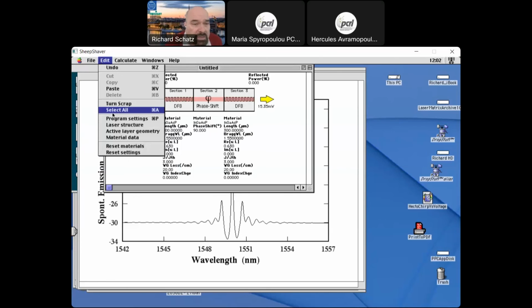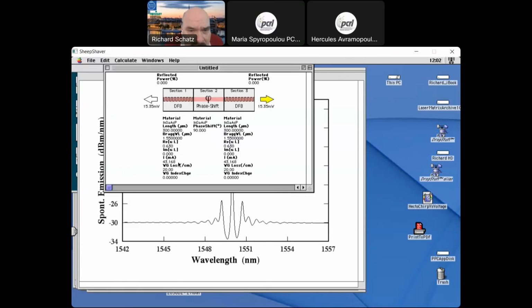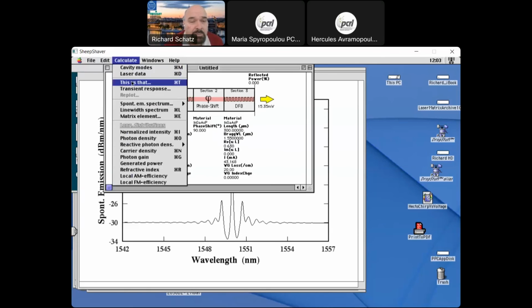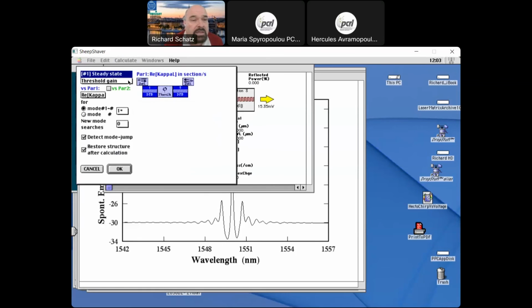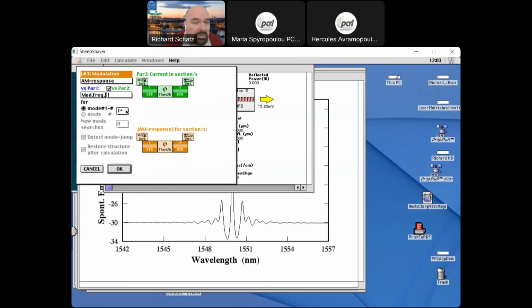Then I change again here to current in order to have current instead here. So then I increase the current here and look at how the modulation response of this device will look. So I go to the modulation menu here and calculate the modulation response versus the current in these two sections. And then I can include several modes.